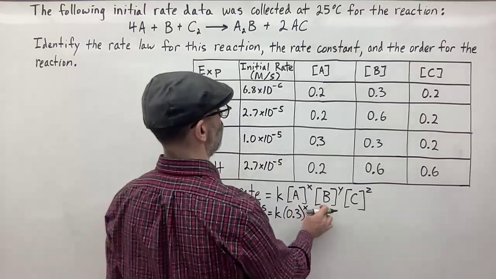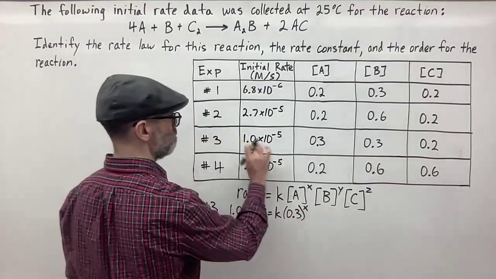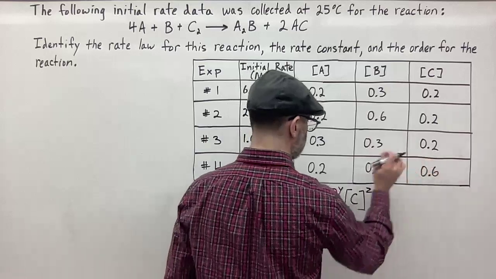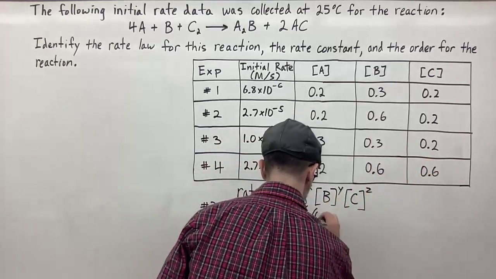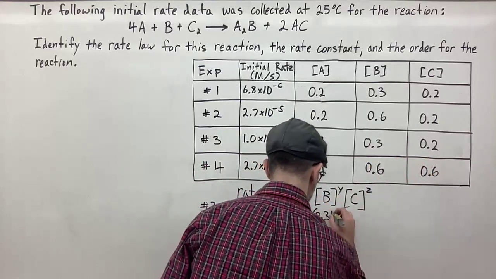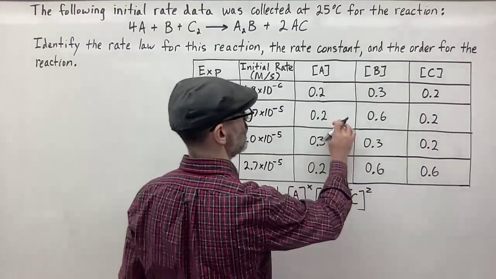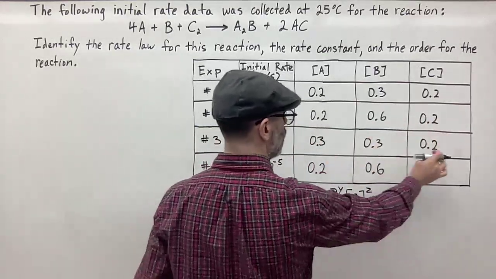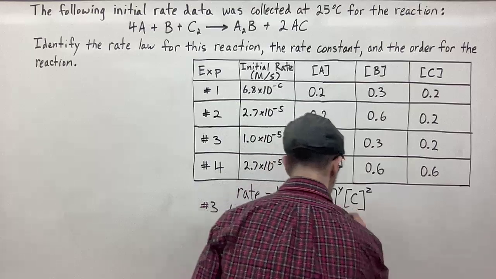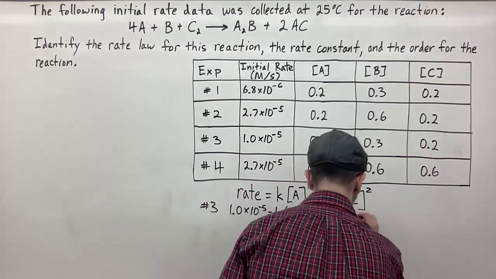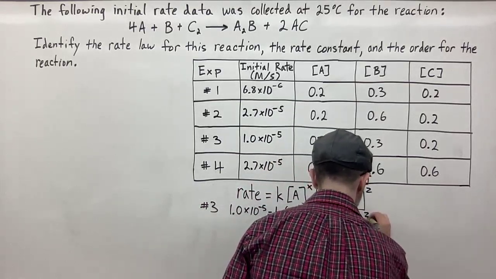And then we'll do the same thing for B and C. So B is 0.3. So we'll have 0.3 to the power of y. And then C is 0.2. So we have 0.2 raised to the power of z.